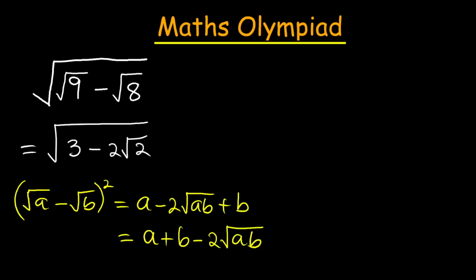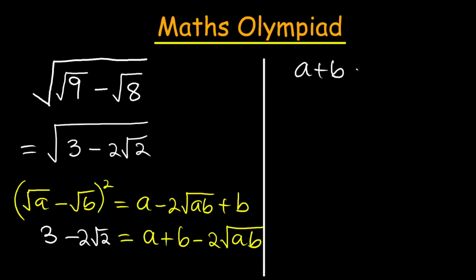The idea here is for us to compare 3 minus 2 root 2 with this expansion. By comparison, I'll have that a plus b is equal to 3. Call this equation 1.